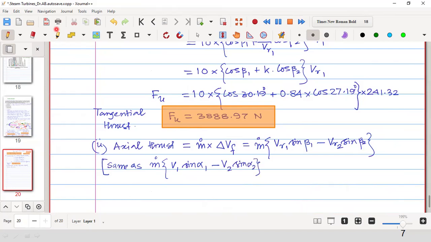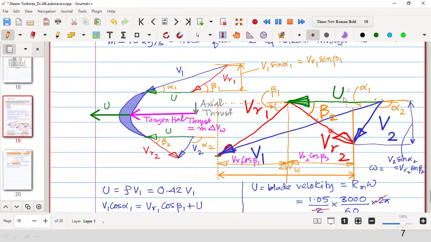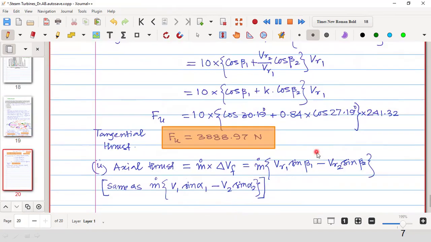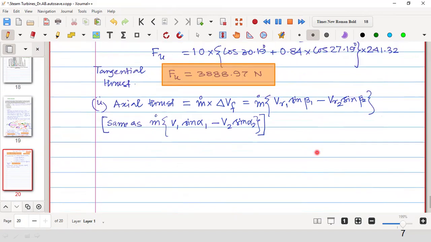This is the same as that one. Okay. So it is subtracted because they are in the same direction. But in case of the tangential component, they are opposite. But the sine components or the axial components, they are in the same direction. That is why they are subtracted instead of being added. That should be kept in mind.